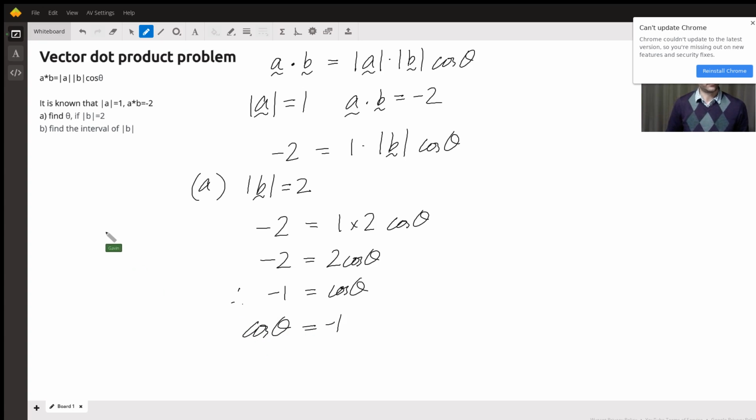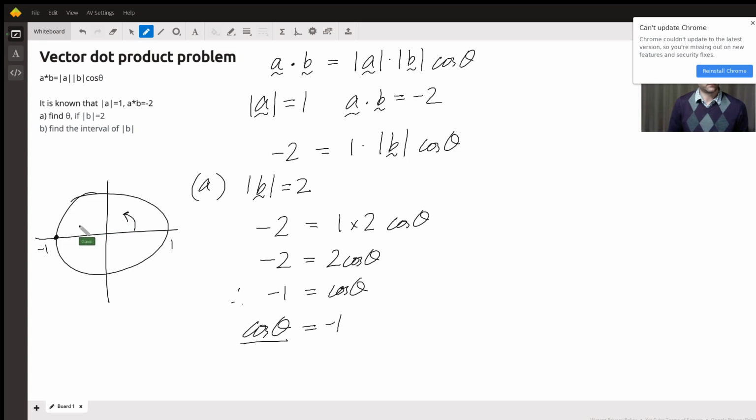And to solve that, we can use our unit circle. Theta is the angle measured this way, and cos theta is the x value of the point on the circle. We want the x value to be -1, so we know -1 is over here, and that's the only spot it can be.